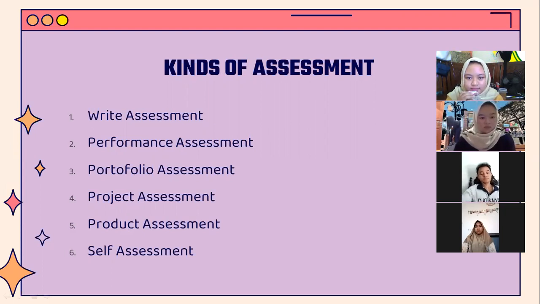Okay, now is the types of assessment. The first is written assessment. Written assessment is one of the assessments that is frequently used. The test that can be used for this written assessment is to answer the questions that have been provided.